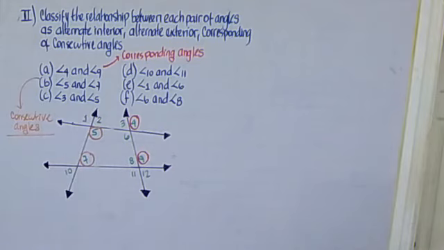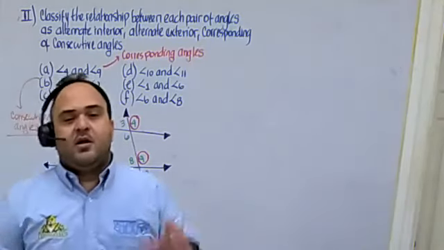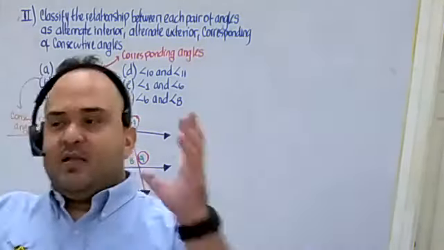Another corresponding angle could be the number 6 with the number 11. Yes or no? Because the number 6 is the third angle located downward, and the number 11 is the third angle located downward. Corresponding means the same position, the angle with another group. Got it?